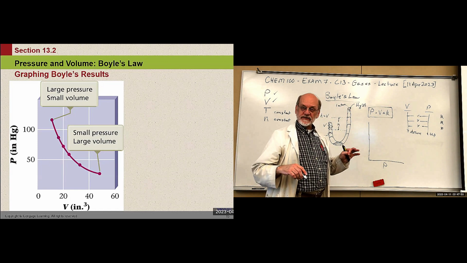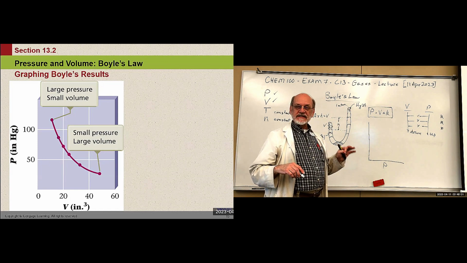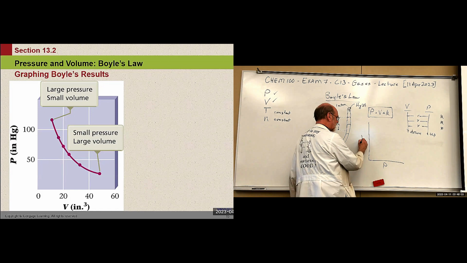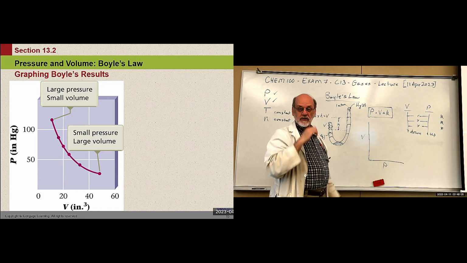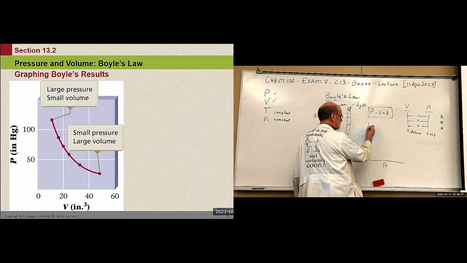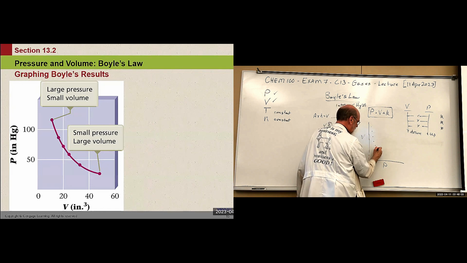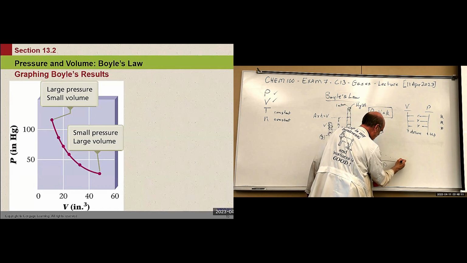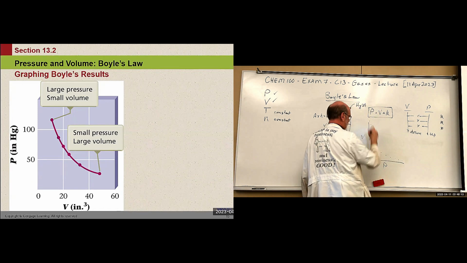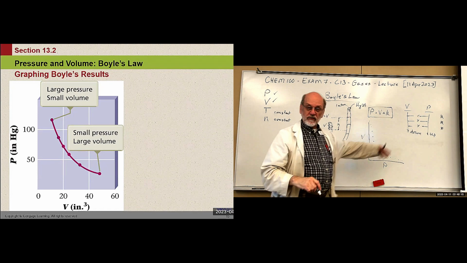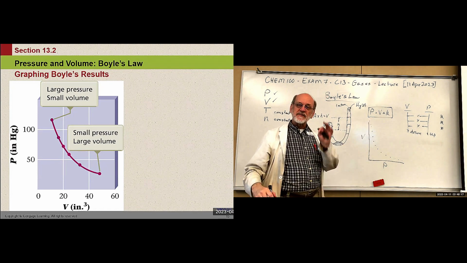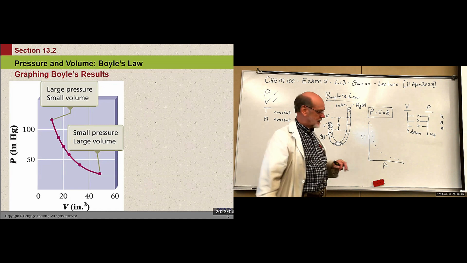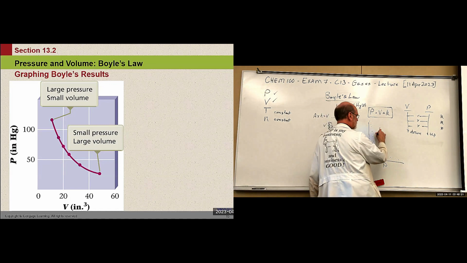And the response is the dependent variable, the volume. So if you plot them, you get a curve like that. It's a special kind of curve. It's called a hyperbola.